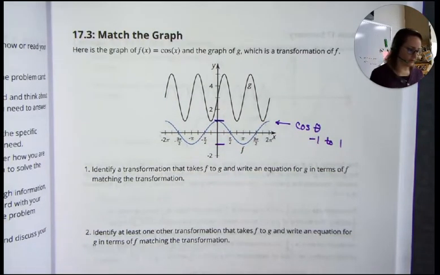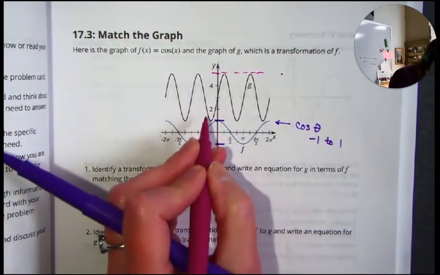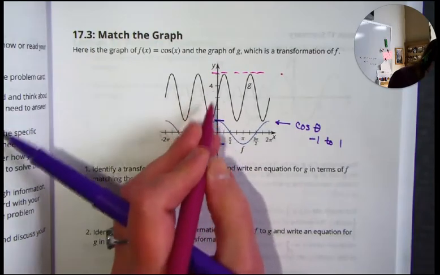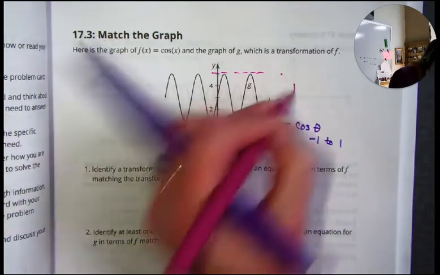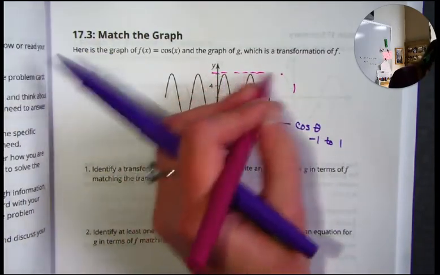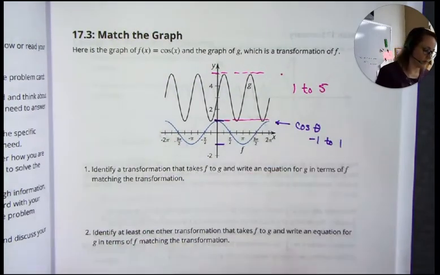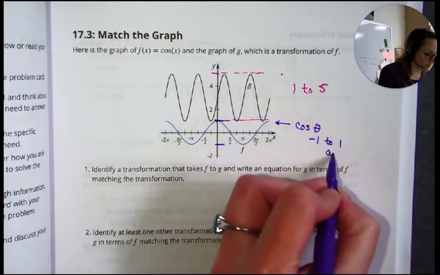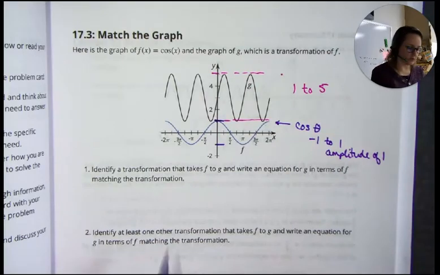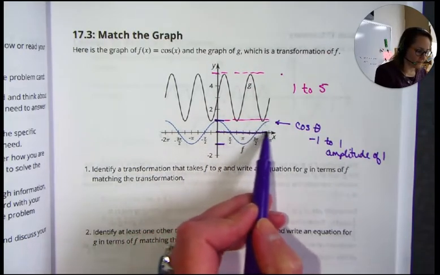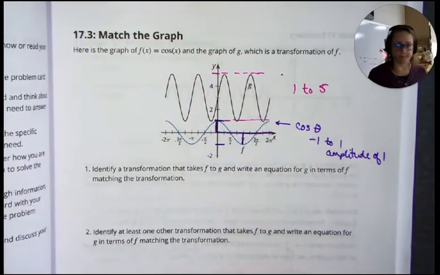For our new graph, it looks like each line is counting by 1, so we want it to go from 1 to 5. So I see that we're stretching it taller. Right now it has an amplitude of 1. Remember, amplitude is just from the midline up to the maximum, or from the midline down to the minimum.